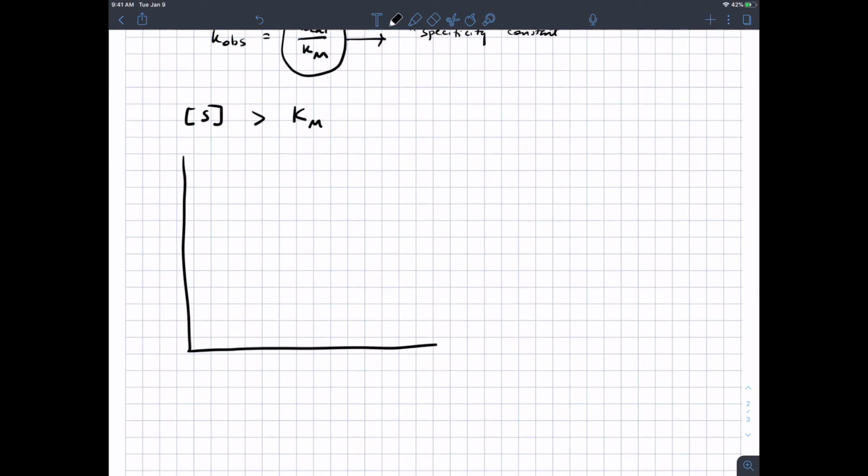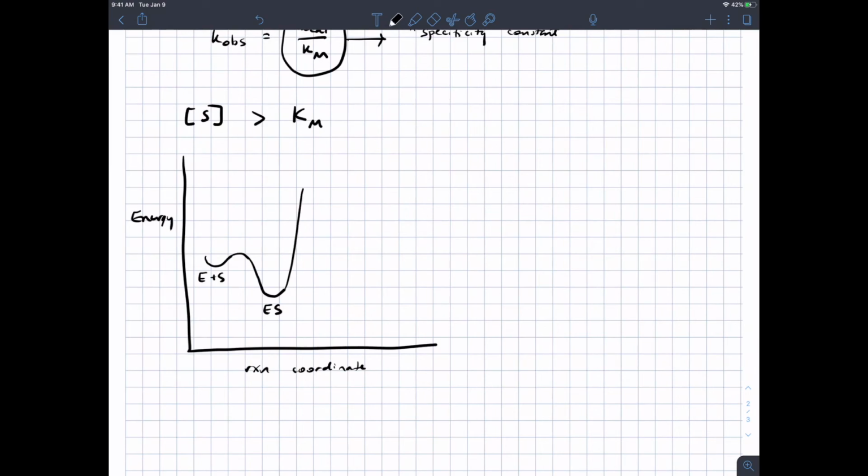So I'm going to plot here a reaction coordinate diagram with energy on this axis and reaction coordinate on this axis. If the substrate concentration is much greater than Km, then basically you're in a situation where all of your enzyme is bound up in the enzyme substrate complex.